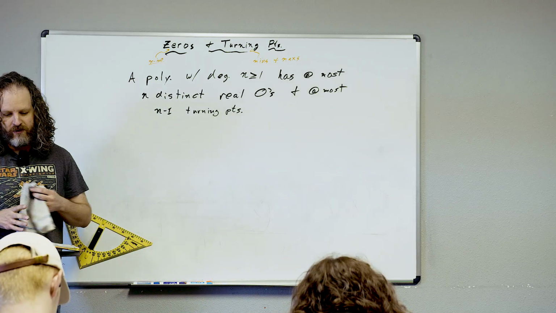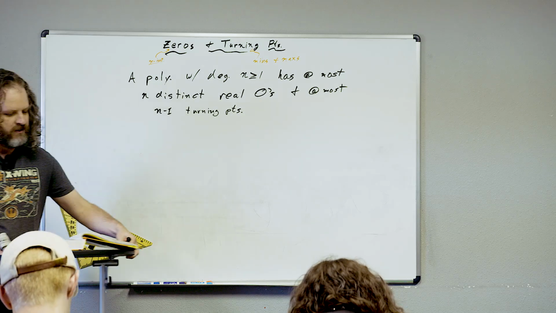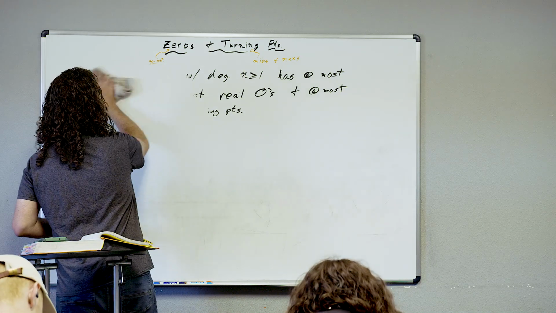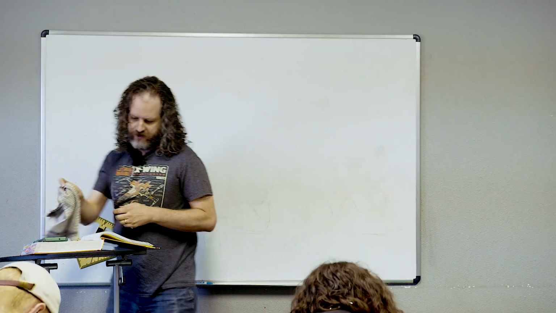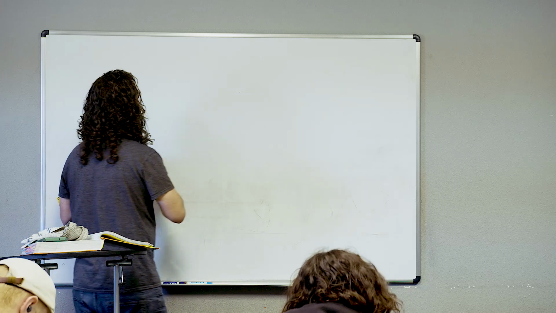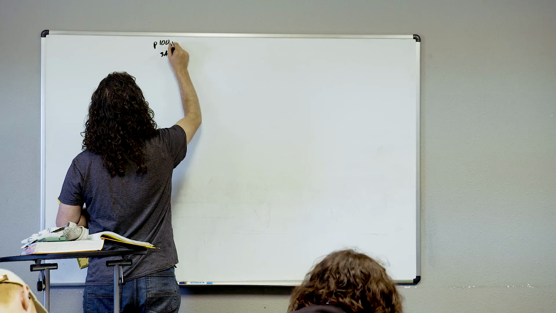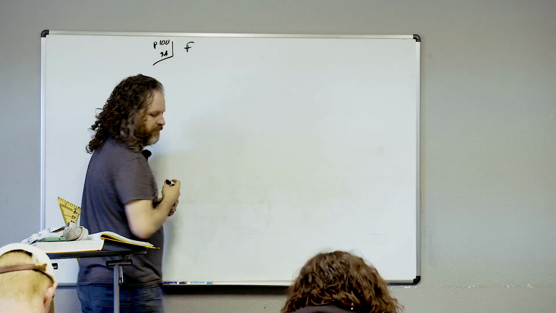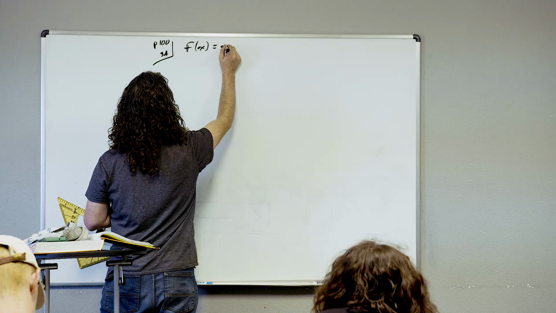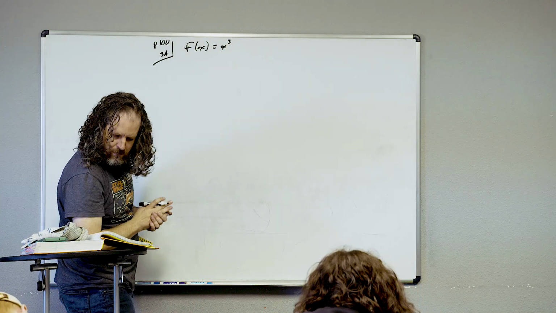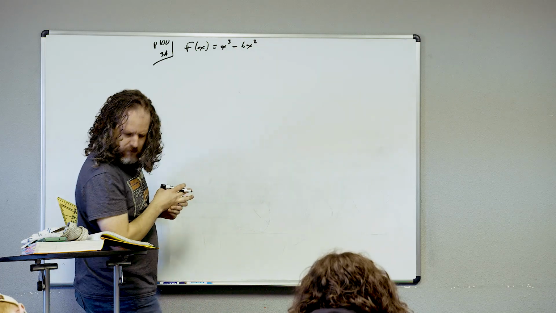So easy money, right? Now we need to determine all of the zeros by factoring those two problems. So let's do that together. Okay. So this is page 100, 3A, and it is f of x equals x cubed minus 6x squared minus 27x.